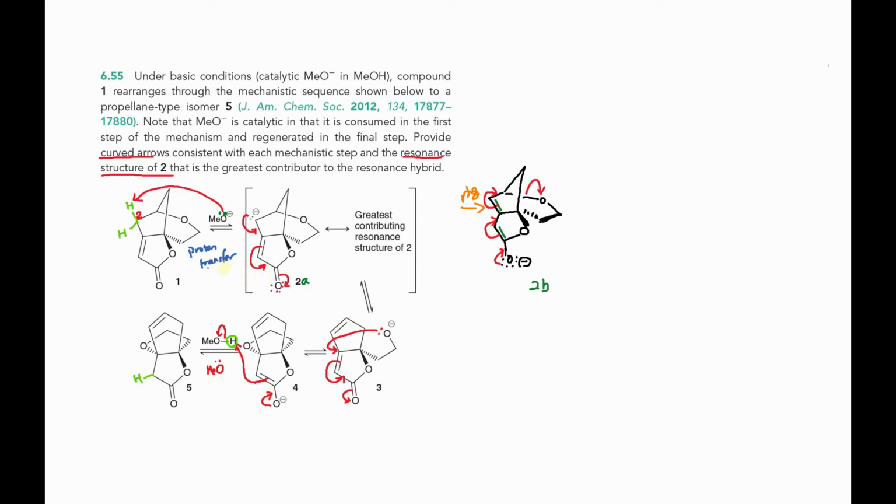If you really want to know the identification of each step, this has to be proton transfer from 1 to 2, because we are grabbing the hydrogen, so this MeO minus acts as the base. And then from 2B to 3, this should be nucleophilic attack, because the lone pair is pushing it.